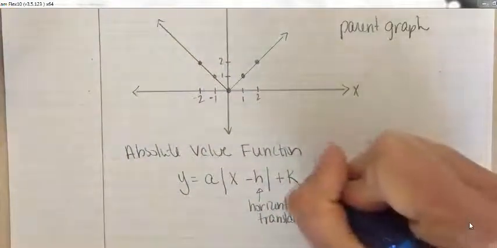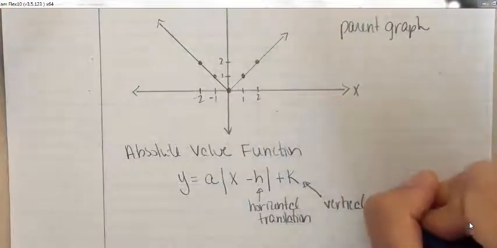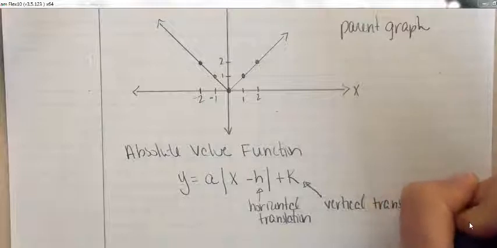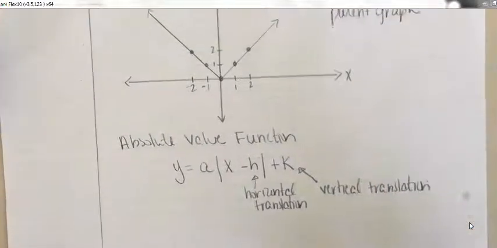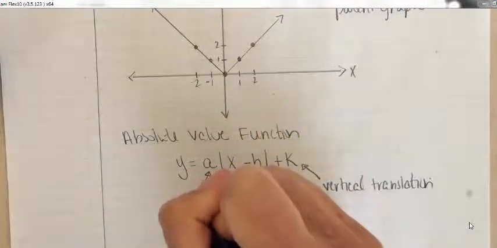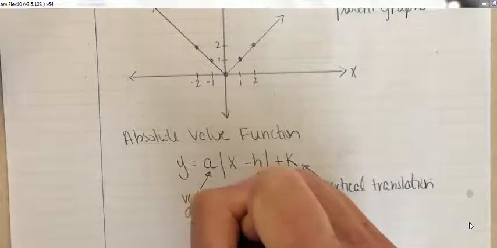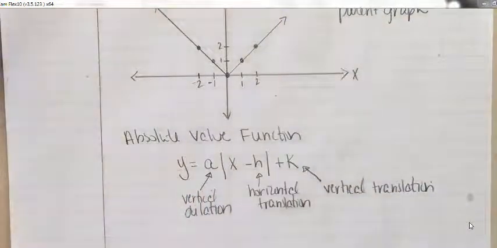Your K is your vertical translation. And your A is your vertical dilation. These should seem very familiar to you from geometry.